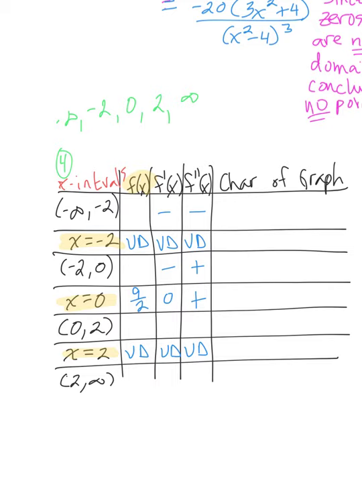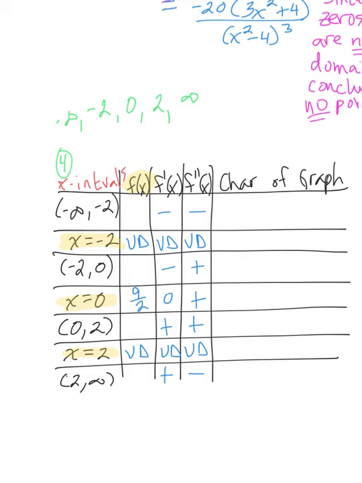And in our next interval from 0 to 2, I'm going to substitute in 1, which is fairly simple to sub in. I'll get a positive on both the first and second derivative. And then our last interval, from 2 to infinity, I choose to sub in +3. And in the first derivative, I get a positive, and in the second, a negative.